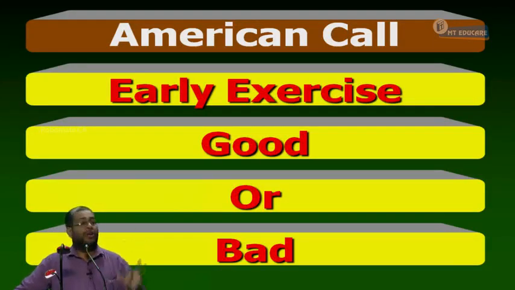I am already holding an option. What option? A call option. What call option? An American call option with a strike price of 40, having a maturity of 1 month. Okay, now, if it is a European call option, I can exercise this option and buy the share only after 1 month at 40 rupees.